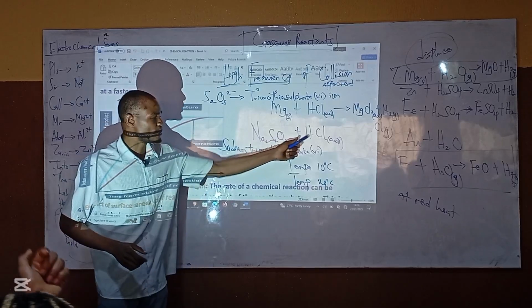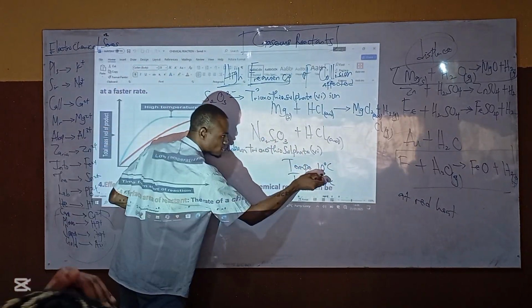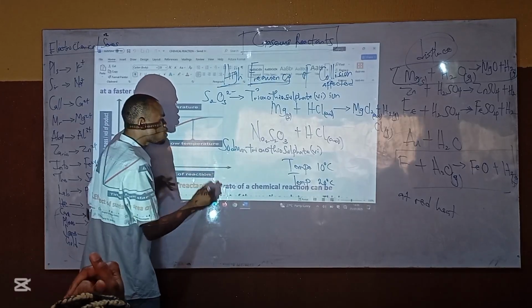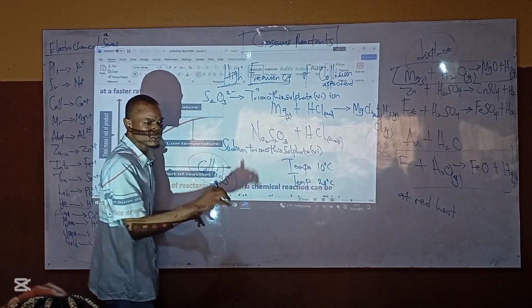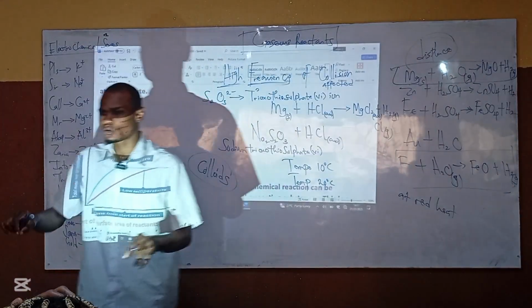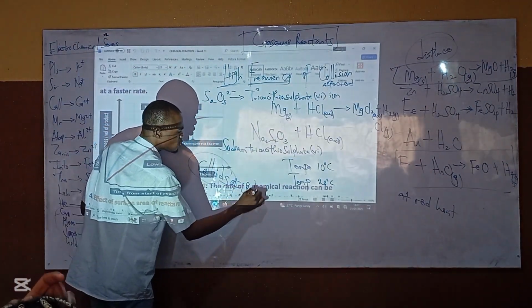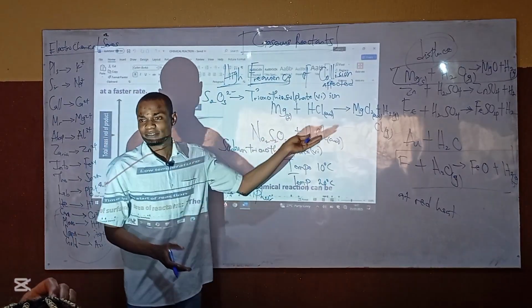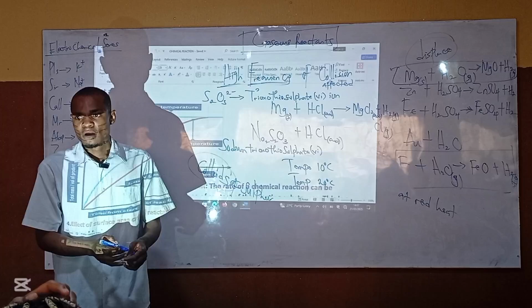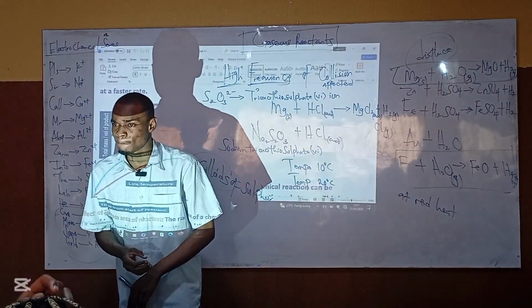Now, when they react together and you apply heat, there is something we call colloids. Colloids of sulfur will be formed in the mixture. But it can take time if your temperature is very low.